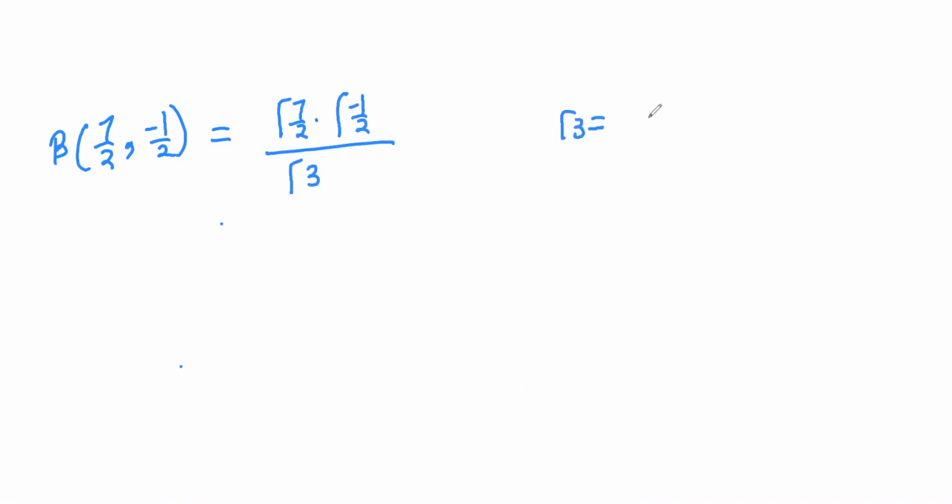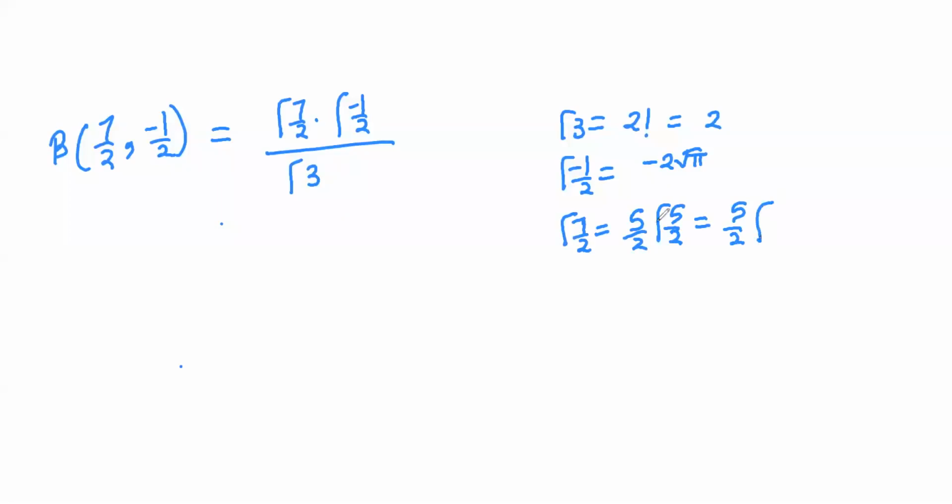So gamma 3 is nothing but 2 factorial, isn't it? Gamma n plus 1 is n factorial. So this is 2. Gamma minus 1 by 2 we have written last time as minus 2 under root pi, and gamma 7 by 2 I am writing as 5 by 2 plus 1.